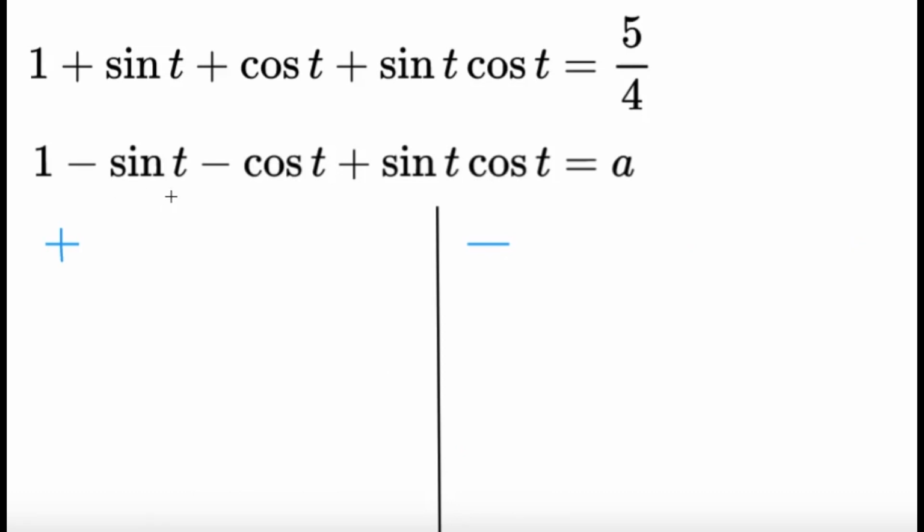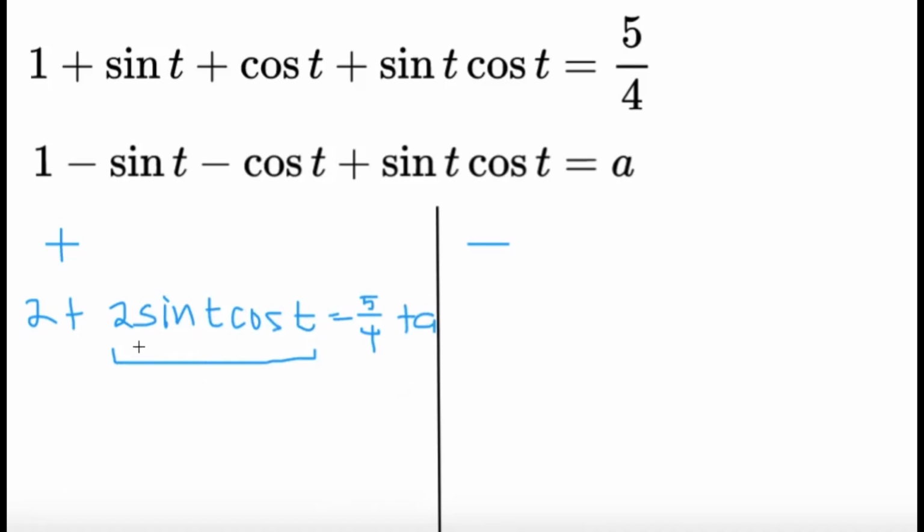Because of the way these two equations are given to us, if we add the two equations, we're going to get 2 + 2 sin t cos t. That's going to be equal to 5/4 + a. And that's pretty nice that we have this 2 sin t cos t. We're going to see that in a while, but this is very nice because that is going to be the middle expression if I take the square of sin t + cos t.